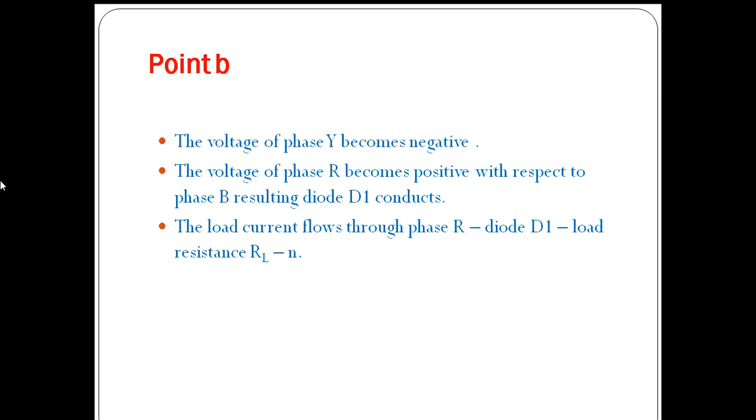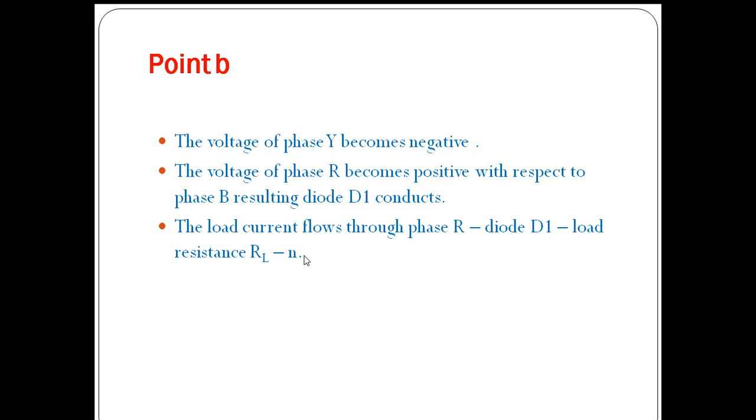At point P, the voltage of phase Y becomes negative, the voltage of phase R becomes positive with respect to phase B, resulting in diode D1 conduction. The load current flows through phase R, diode D1, load resistance RL to neutral.